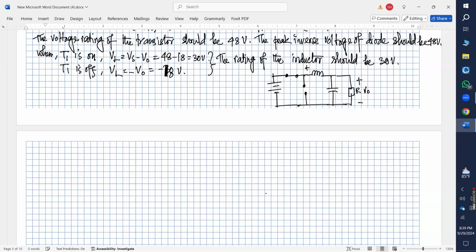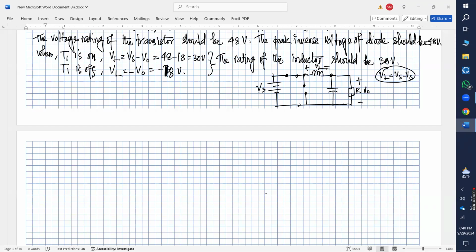So the inductor voltage here, VL, should be what? This point is connected to Vs, this point is connected to V naught. So the inductor voltage here should be Vs minus V naught, right?